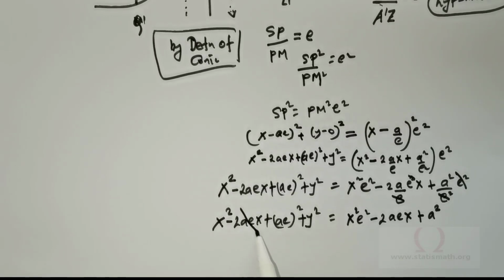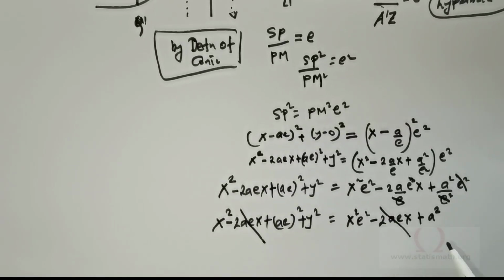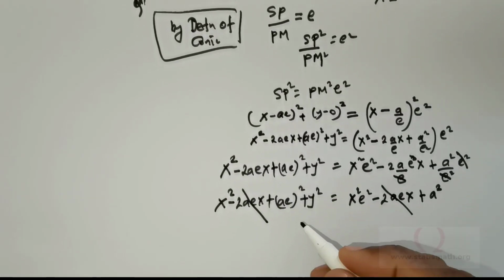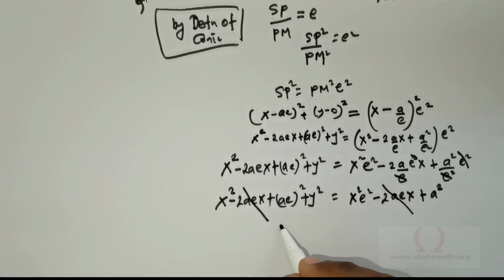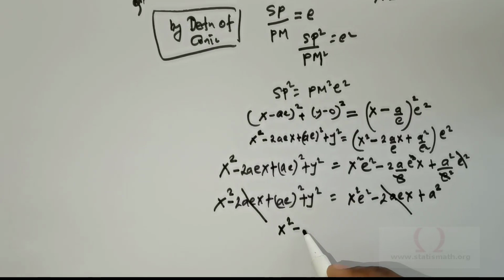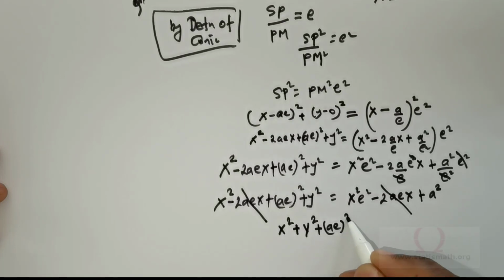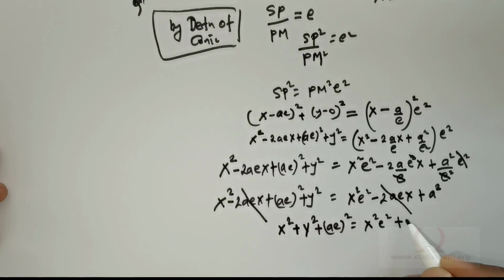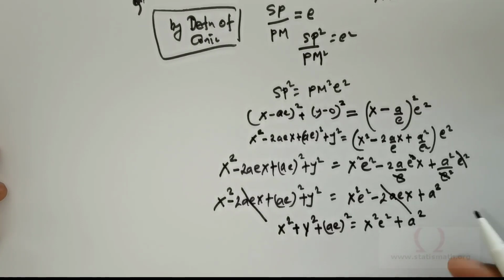Now 2aex on the left and 2aex on the right can be cancelled, leaving me with x squared plus y squared plus ae raised to the power 2 is equal to x squared e squared plus a squared.